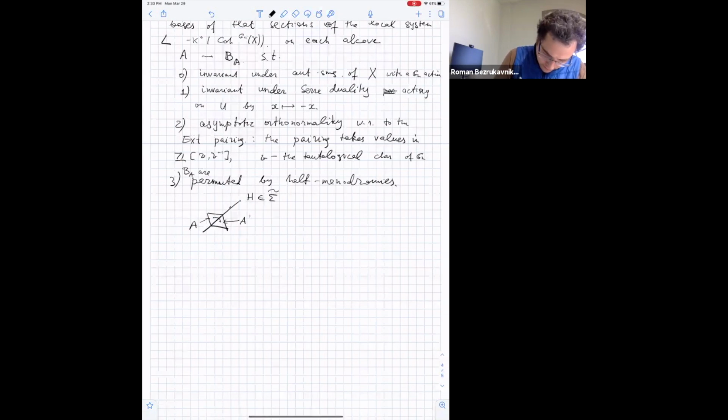And then I can actually continue working in the positive direction and go back to A. And so then this would give the monodromy, right?